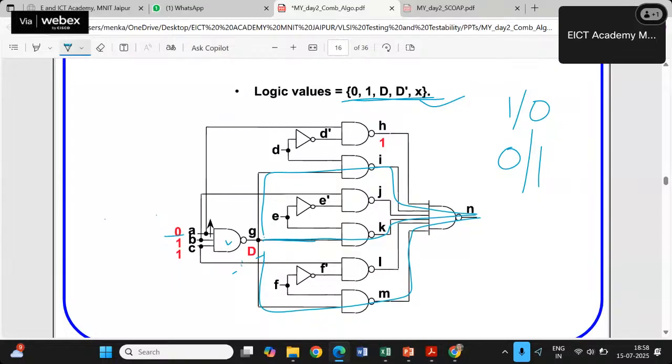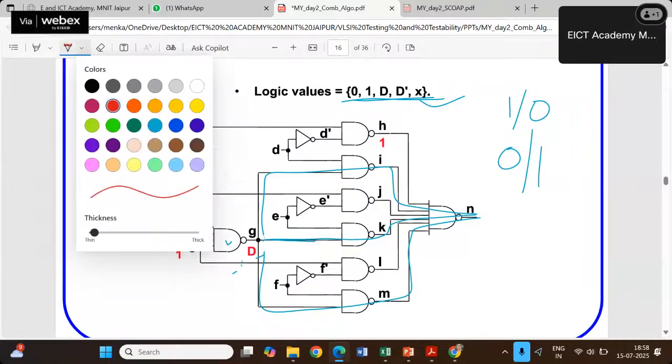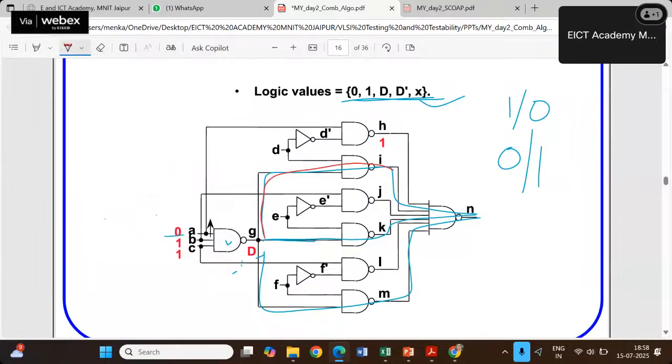So I want to propagate the fault through this, which means this is expected to be 1, this is expected to be 1, this is expected to be 1. Then only I can propagate it through I.